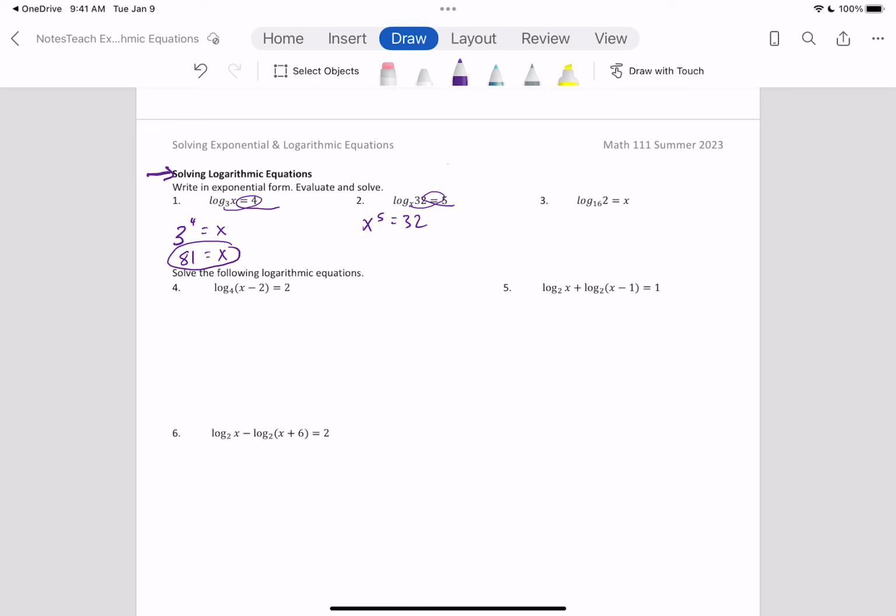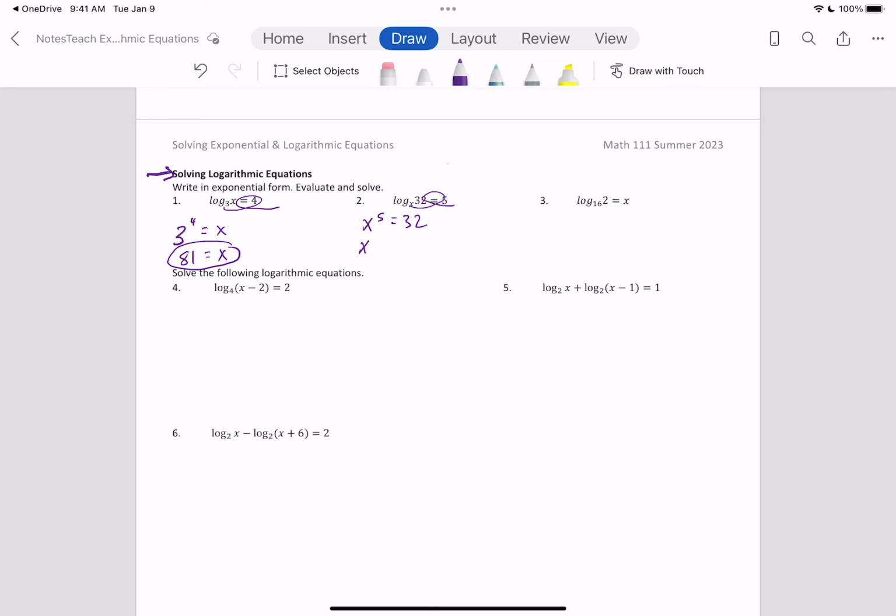And that property that we've had and used that says if we can get the two sides of the equation to have the same base, we can drop the bases and equate the exponents. It turns out we can also do this the other way. If we can get them to have the same exponent, we can drop the exponents and equate the bases.